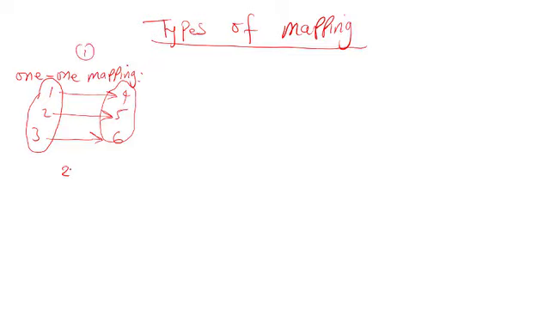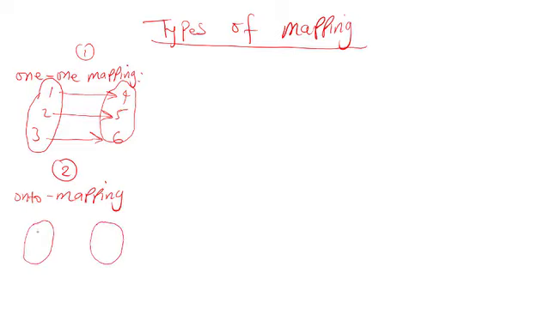Another type of mapping we'll be talking about is called the onto mapping. In this type of mapping, every element of the codomain is at least an image of an element in the domain. Let's say this is our domain and this is our codomain.